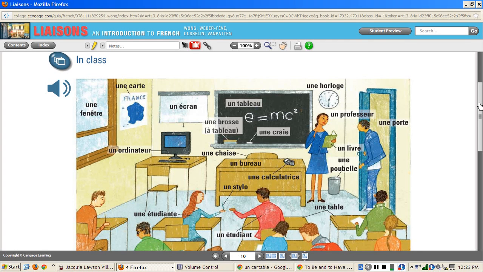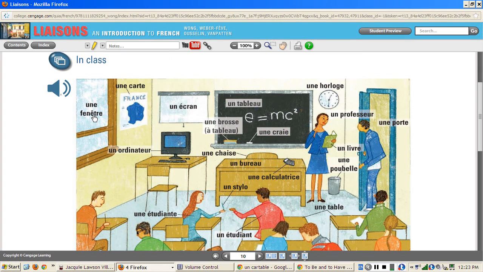There's a feminine sound to a word, and there's a masculine sound to a word, like words that end in EAU, like un tableau, un bureau, un faisceau, tend to be masculine. But of course there's always the exceptions, so you always have to be on the alert. So let's begin now by learning the different words, and you can go back to the native speaker modeling pronunciation here after you're done with this.